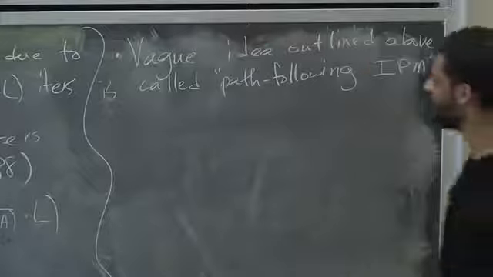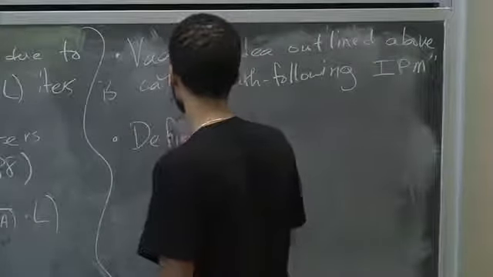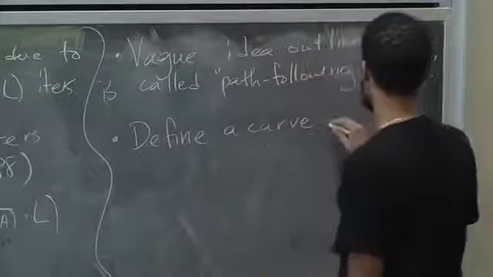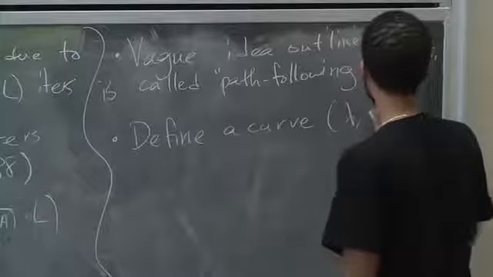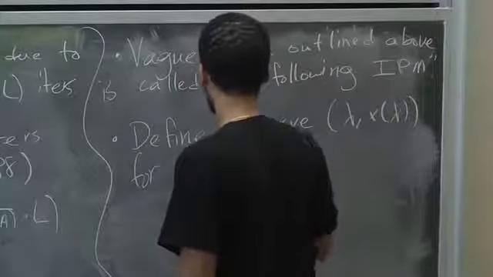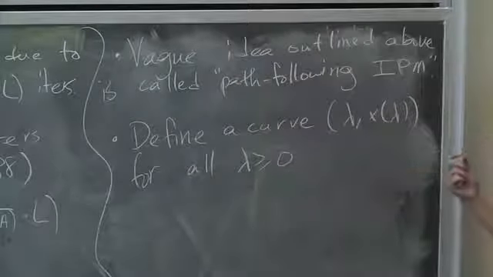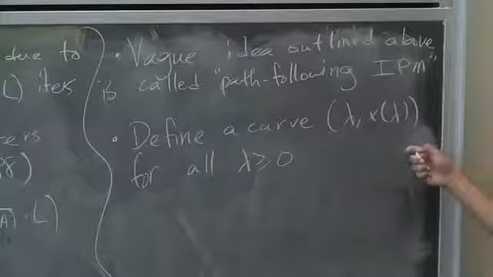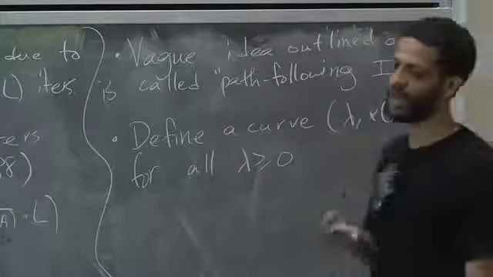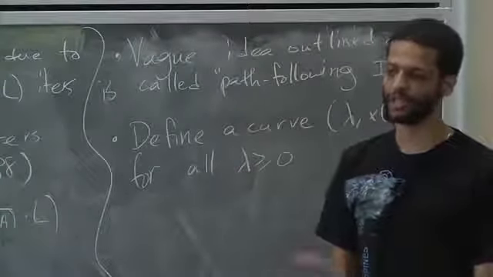And where that name comes from is we define a curve, lambda, x of lambda, for all lambda bigger than or equal to 0. So as we increment lambda from 0 to infinity, this traces out a curve. When lambda is equal to 0, we're at what's called the analytic center of the feasible region. When lambda is 0, the cost function doesn't matter at all.